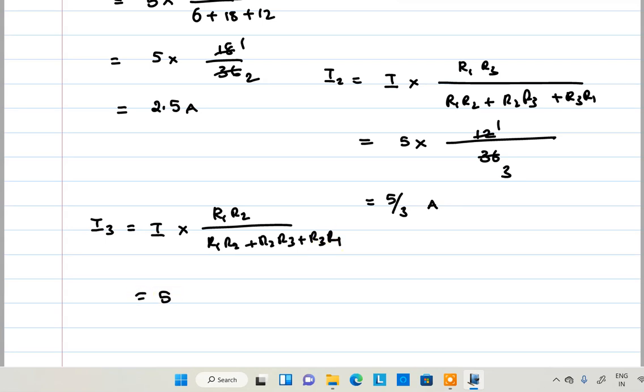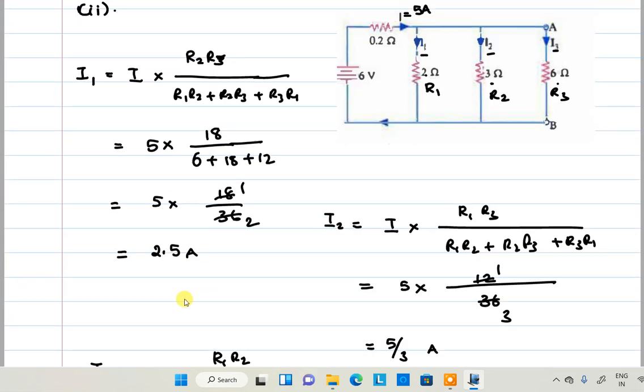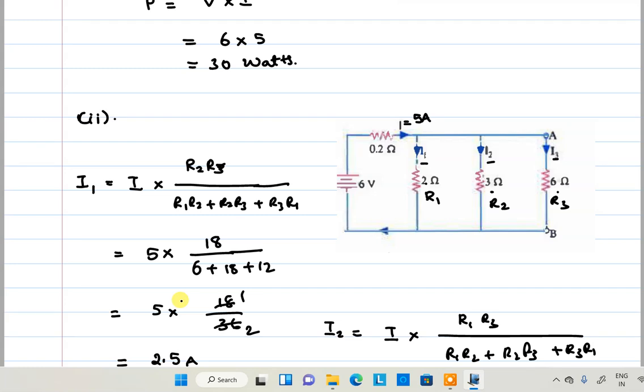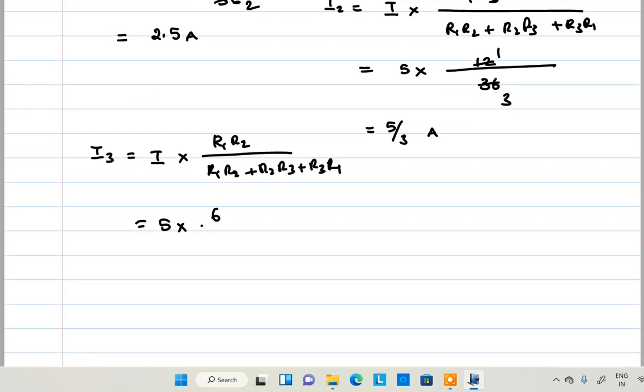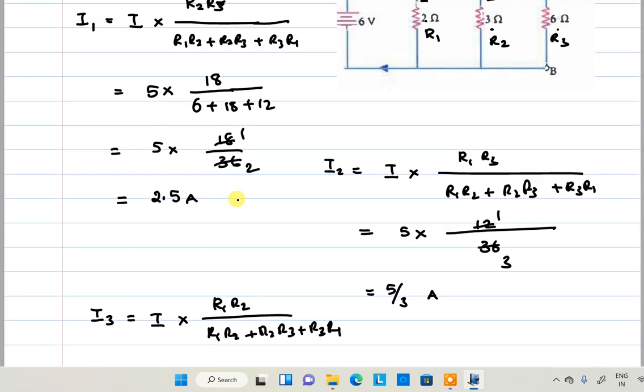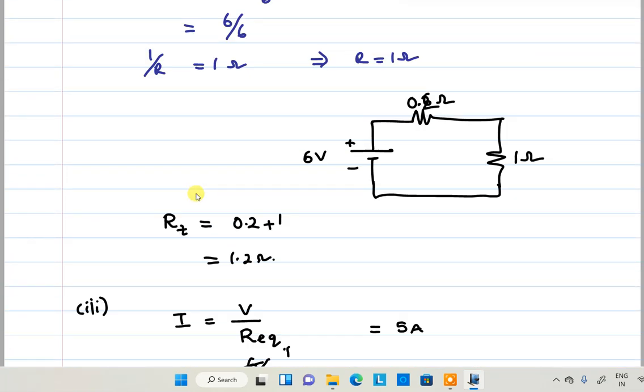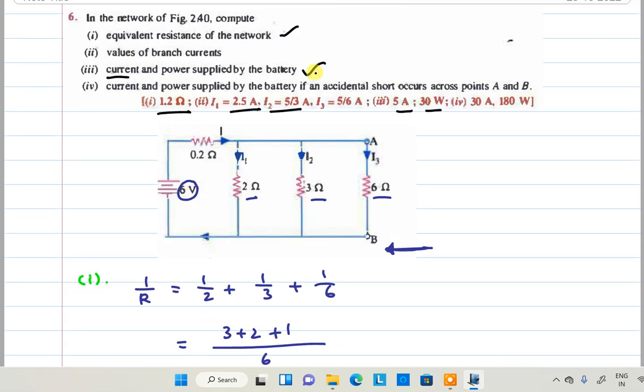So 5 into R1 R2, 2 into 3 is 6. 6 divided by 36 is one sixth, so 5 by 6 amperes. You got the current, also 5 by 6 amperes. Just verify here, 5 by 6 amperes.